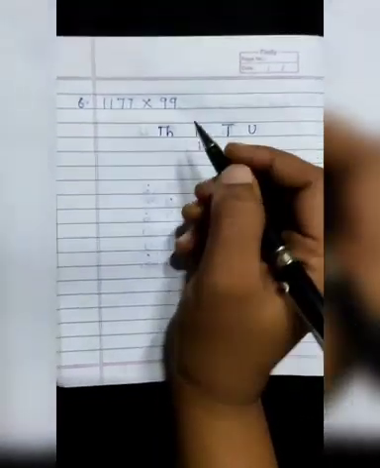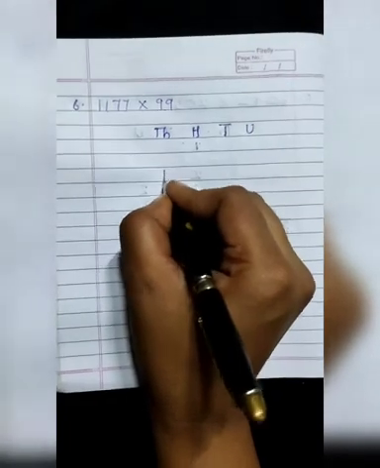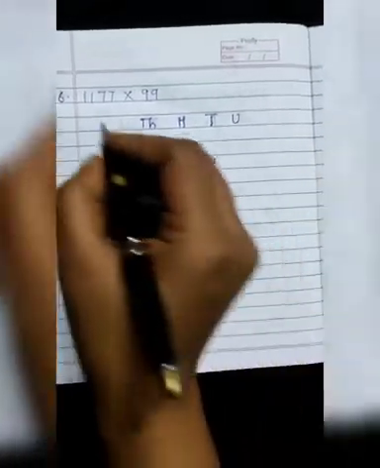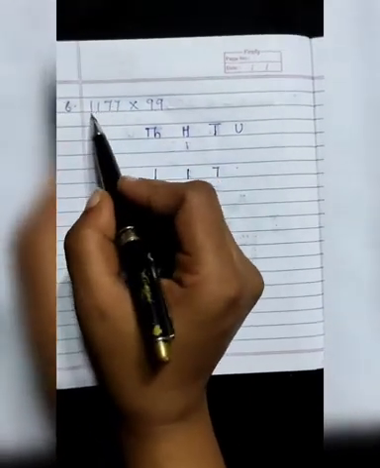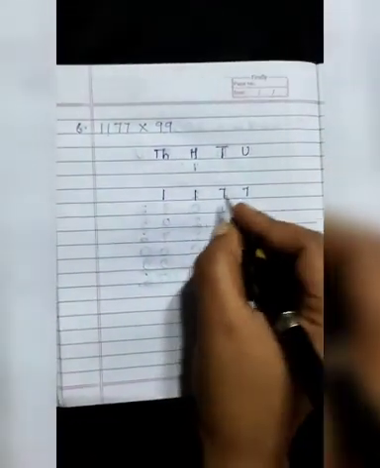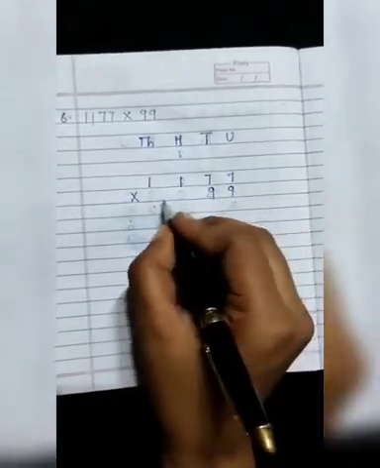So what we will do, we will leave only 2 lines and copy the number 1000. It is not 11,000. I'm sorry students. 1177. 1177 multiplied by 99.